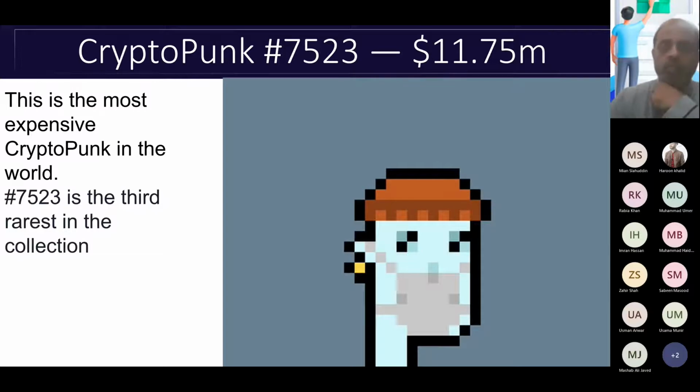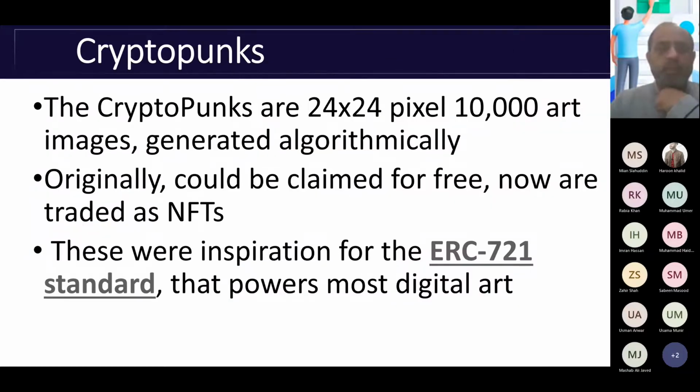This is the most expensive out of all the CryptoPunks. Once I put it on the slide, it was $11.75 million, and somebody might have taken his space already, I don't know. And then I talked to you about the CryptoPunks, that these are 24 by 24 pixel, very low resolution, 10,000 of these images generated algorithmically. Originally, they could be claimed free, and then they started trading on NFTs.